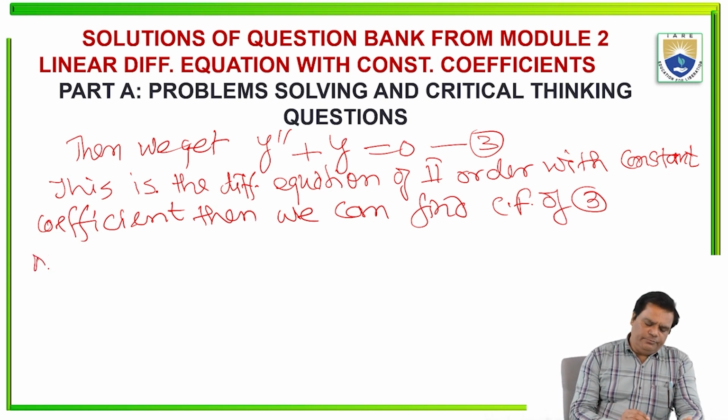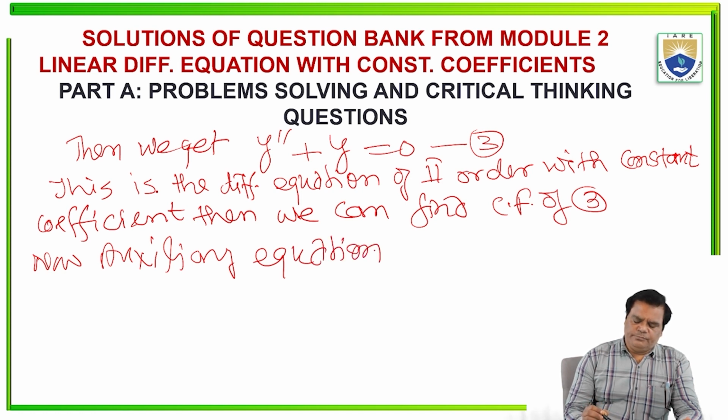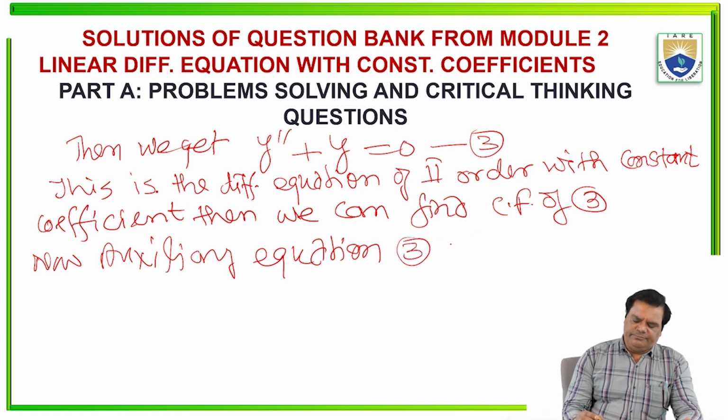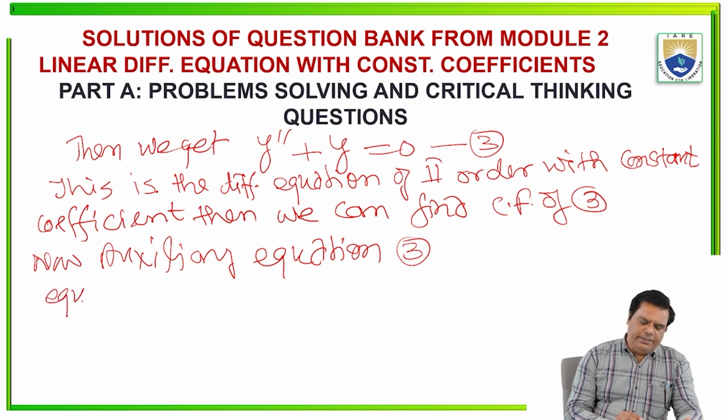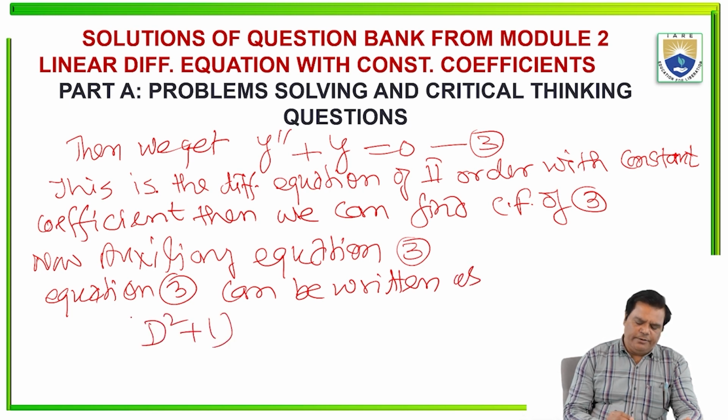So now the auxiliary equation of 3. Equation 3 can be written as (D square plus 1) y equals 0. This is equation 4.